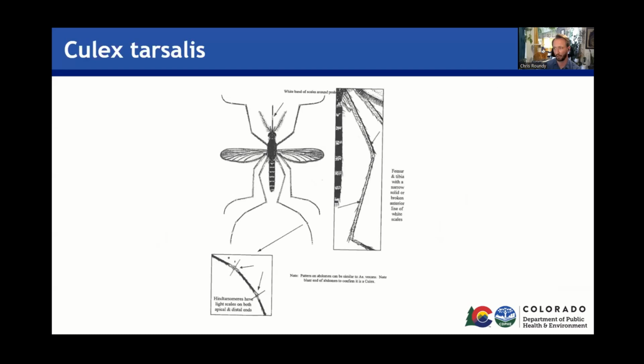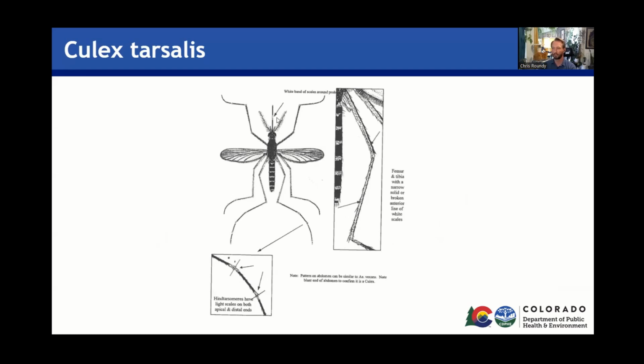If we wanted to identify specifically our most important vector, that would be Culex tarsalis. So another important point with keys and working through the identification process is the order is there for a reason. You don't want to jump straight to the final identifying feature you're looking at without first sorting out the blunted abdomens to make sure you're looking at Culex.